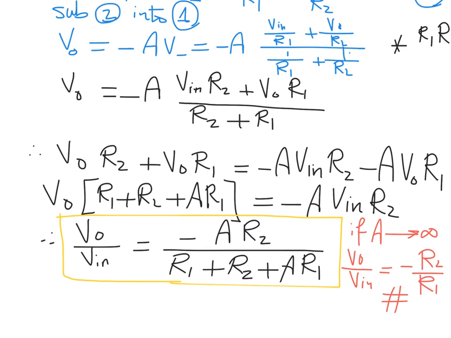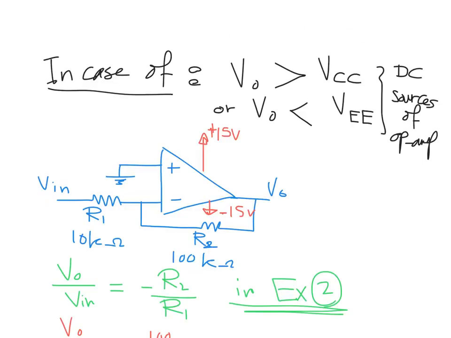The second case we can consider is also a specific property of this operational amplifier. It's called saturation. What we mean by saturation: we didn't mention anything until now about the sources connected to this operational amplifier.